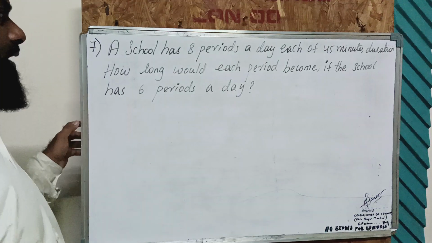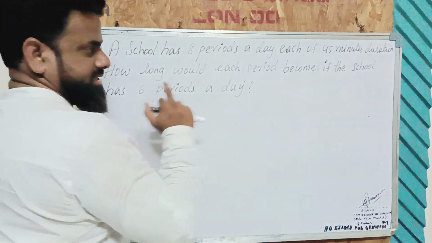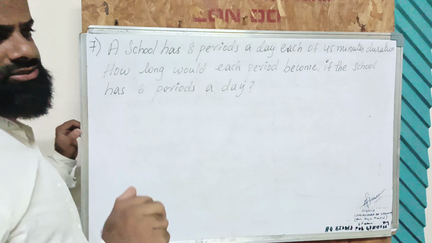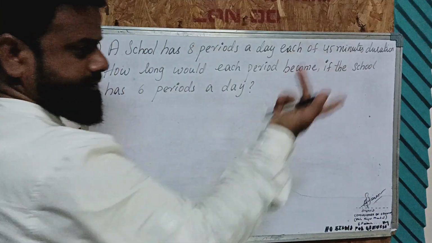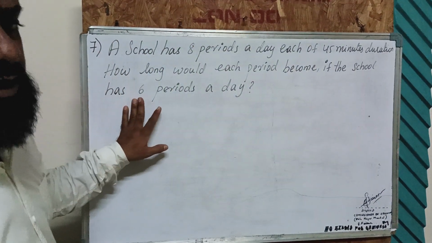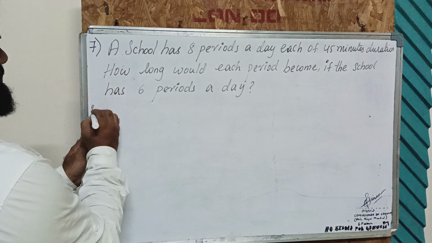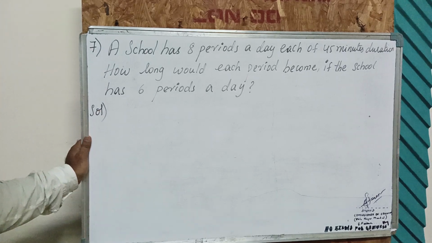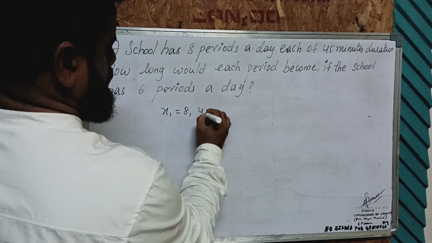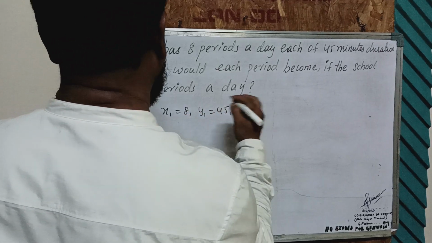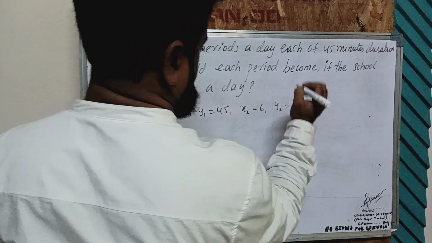Okay, so if I am reducing the number of periods from 8 to 6, is this going to decrease or increase? Now in this case, the 45 minutes are going to increase because I am reducing the number of periods. So again this is a case of inverse proportion wherein x1 is 8, y1 is 45, x2 is given as 6, y2 I have to find.